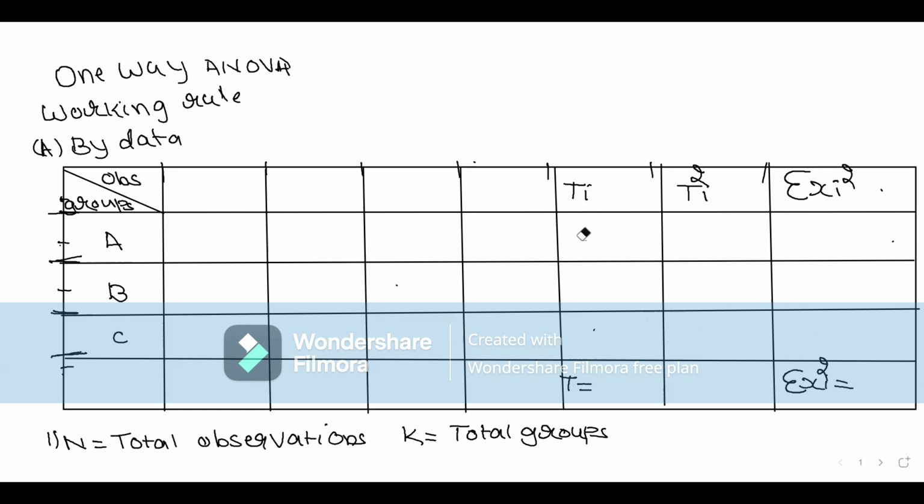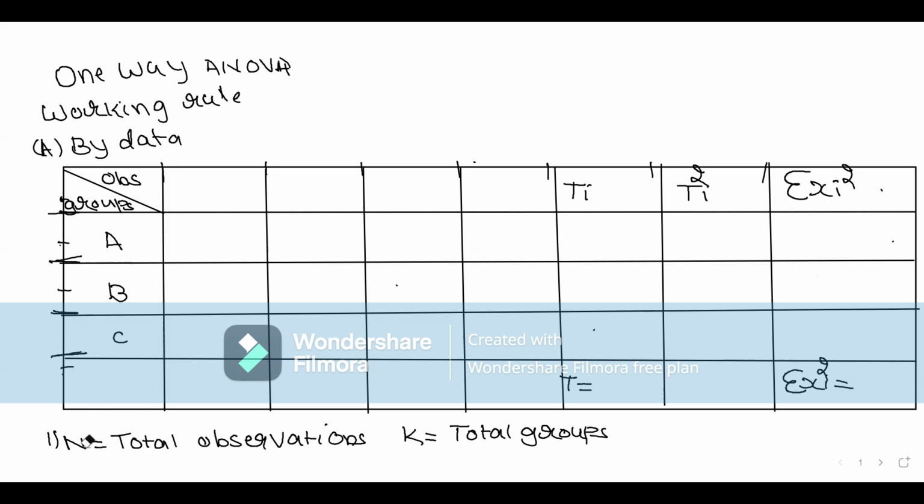Now add all these Ti, this plus this plus this, equal to the T value, the sum of the total observations, that is T. Ti square is not necessary here, but the summation of xi square is necessary: this plus this plus this equals the summation of xi square.